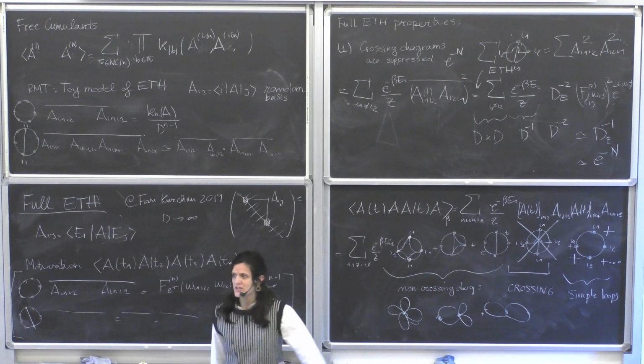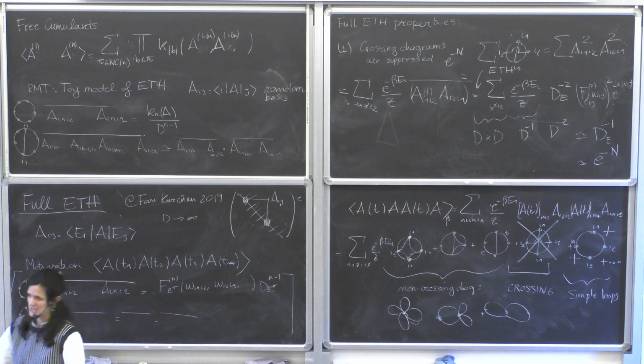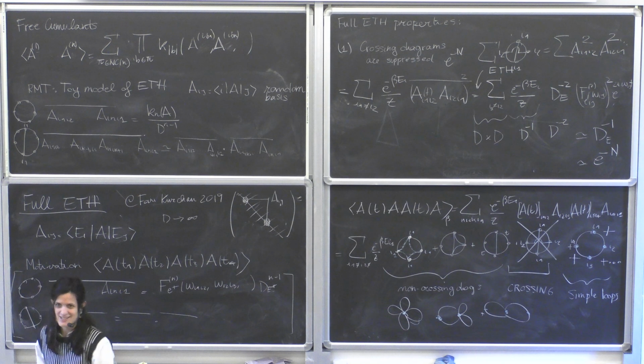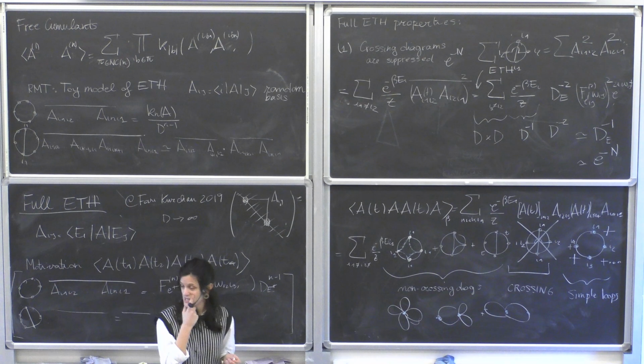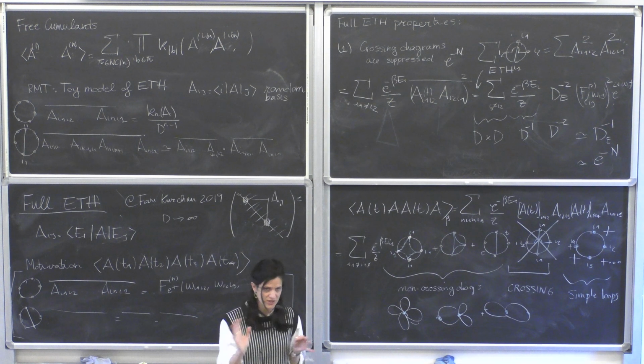This doesn't happen here if D is large enough and if you're in the chaotic case. Then we can discuss that there are subtle places where it can enter.